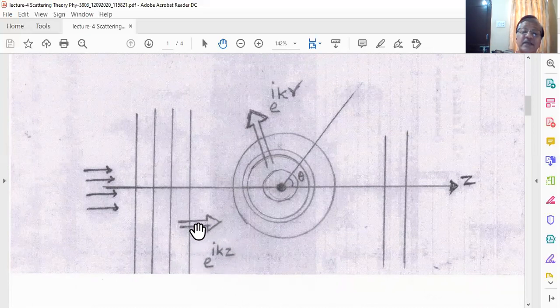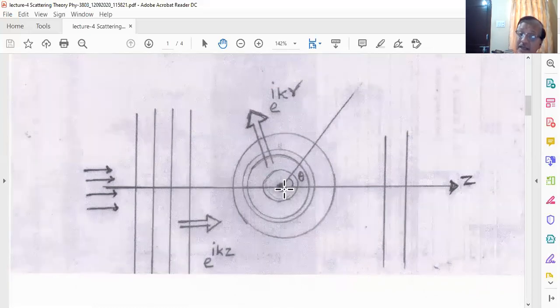of ikz. Now when this plane wave enters the potential field produced by the target particle, there is an interaction between the incident particle and the target particle, and a process of scattering takes place, and because of the scattering you have the scattered wave.